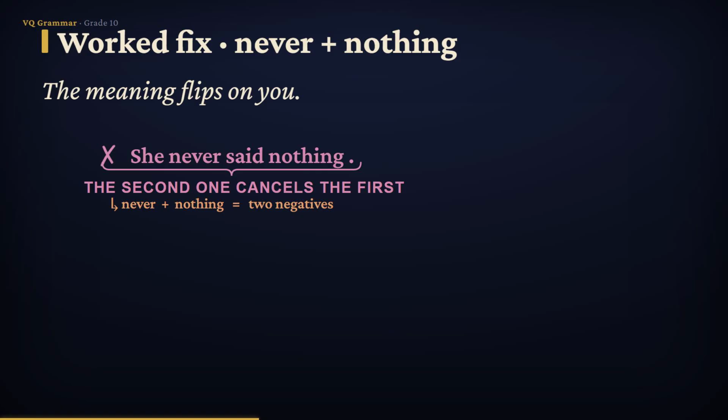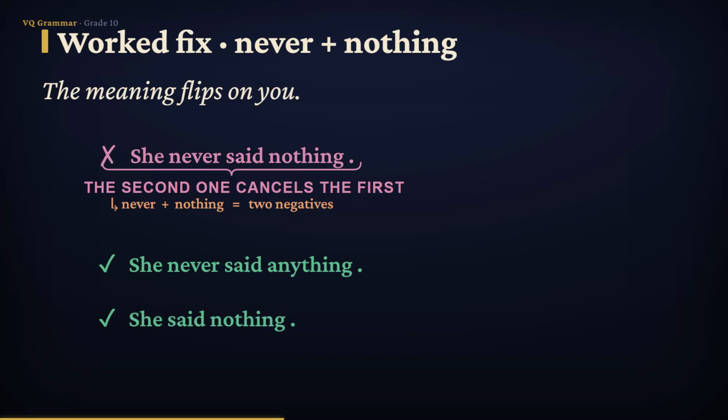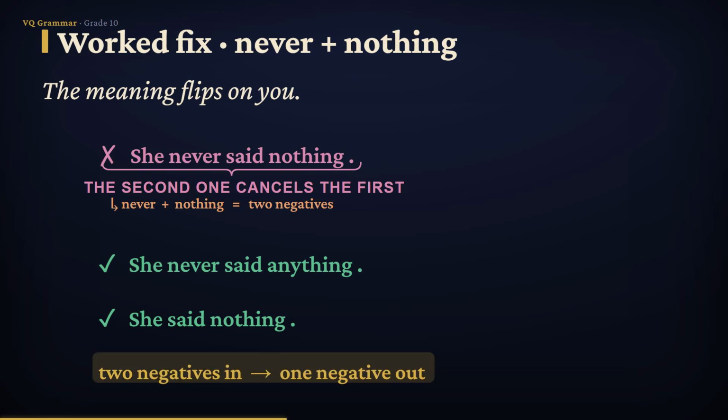That is the exact opposite of what the writer meant. So we take the same two exits. Exit 1, keep never and swap nothing for anything. She never said anything. Exit 2, drop the never and lean on the single negative word. She said nothing. Two negatives go in, one negative comes out.